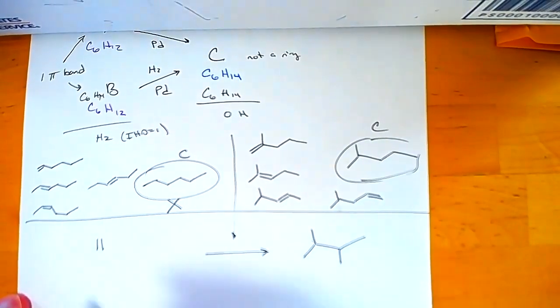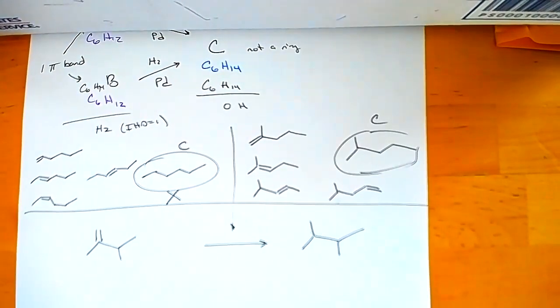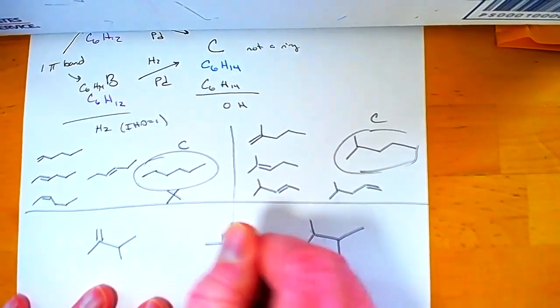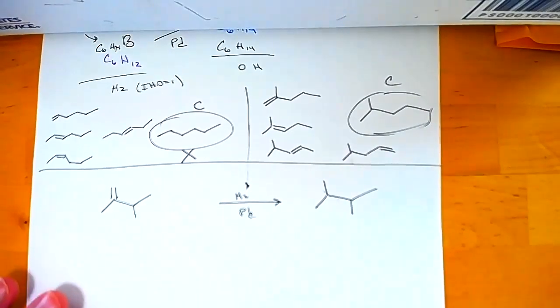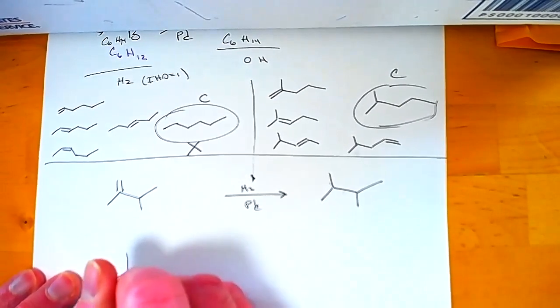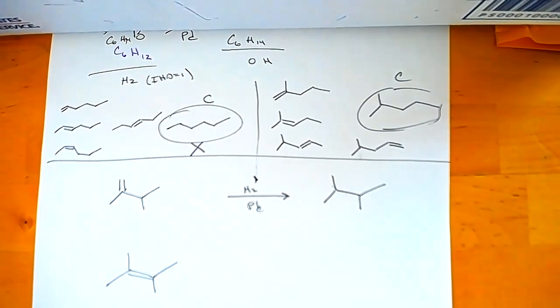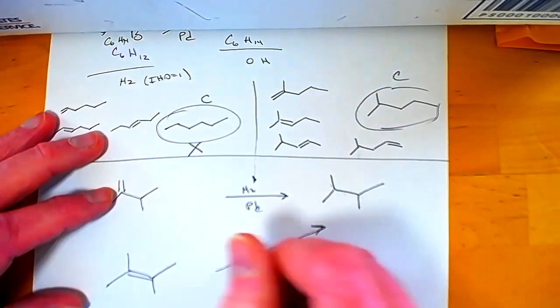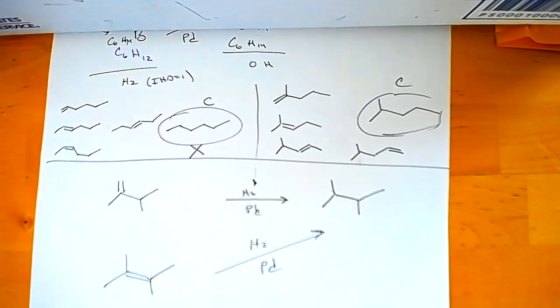So there's one possibility for making that compound. You could also make it if the double bond were in the middle. That would also work, and really, that's it. We found our molecules.